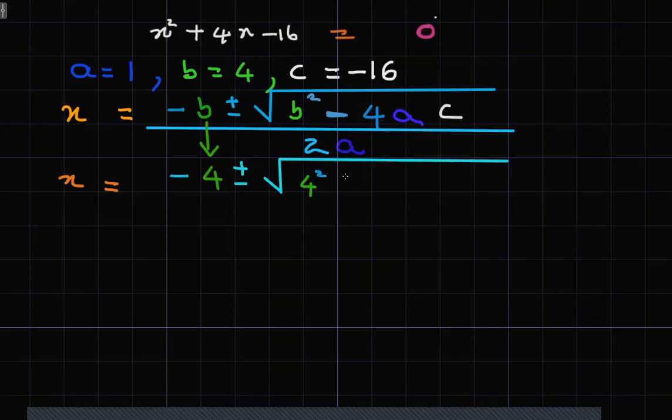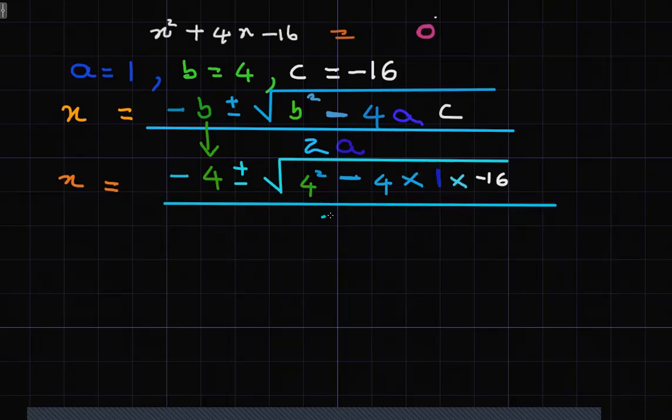And minus 4AC. What does 4AC mean? 4 times A. What's A's value? 1, times C. And what is C? Minus 16, divided by 2A. 2 times A, what's A's value? It's 1.